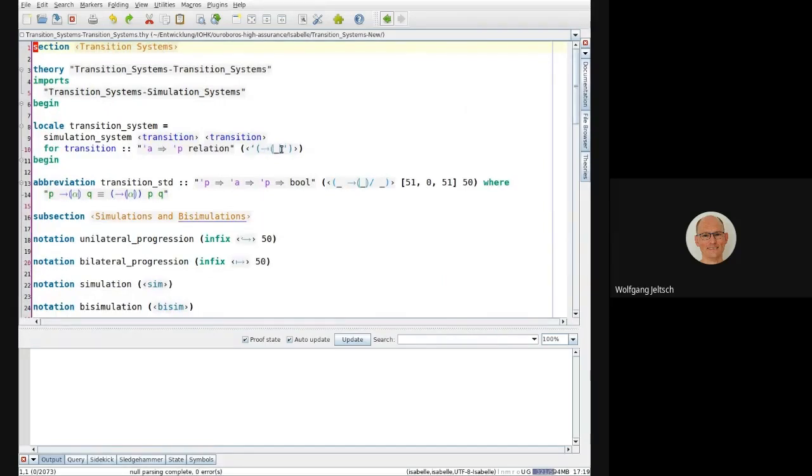This part is again about notation, which we had earlier, so that we can have this prefix notation, like in Haskell and also in Isabelle for operators. Just put them in parentheses and have the operator inside, which you don't get automatically here because it's a ternary relation.